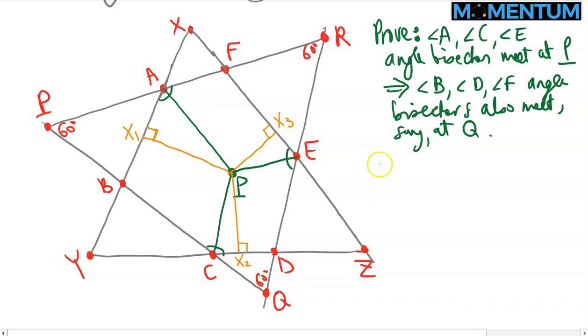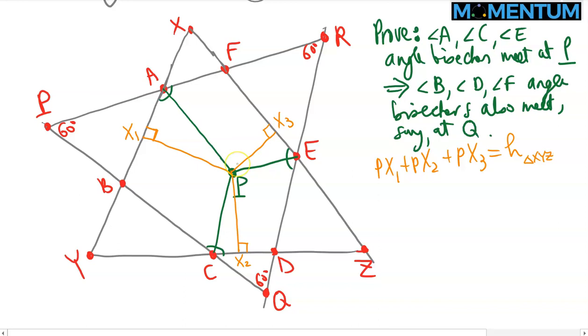Clearly, by the Viviani lemma, if you will, PX1 plus PX2 plus PX3 happens to be equal to the altitude of triangle XYZ. Let's write this notation. Then let's see what happens next.